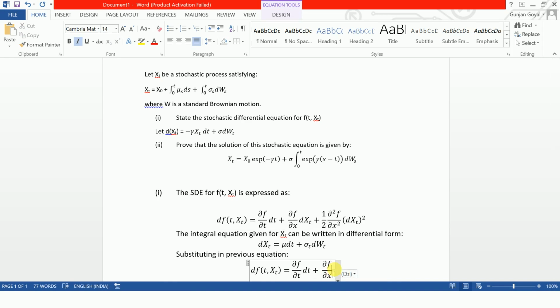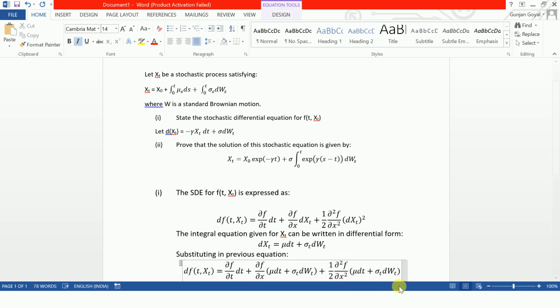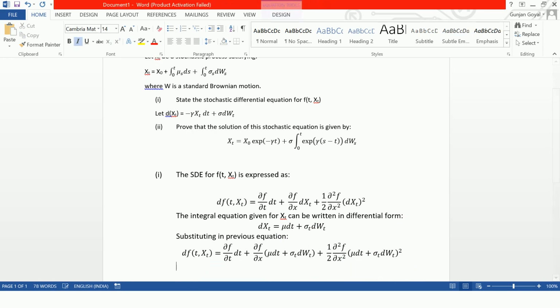And now for dX_t I need to substitute this. I'll copy the equation from here, plus half del square f del x square dX square, and I'll copy this from here, paste it, and then again copy mu dt, close, to the power 2. Okay, so the equation is done.